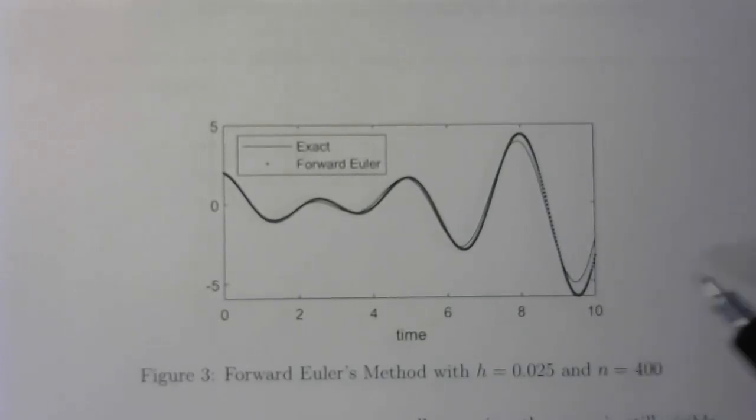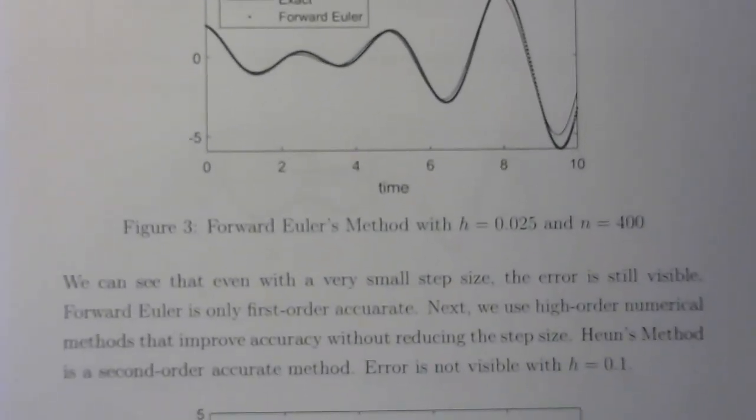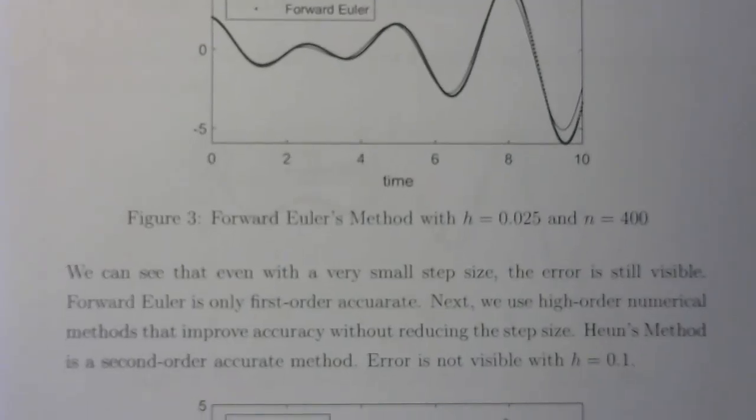And you can imagine as you go for larger times, this again is going to start to break down. So the text here says even with a very small step size, the error is visible. The reason is, and we'll talk more about accuracy later, forward Euler's is what we call first order accurate, and Heun's method is second order accurate.